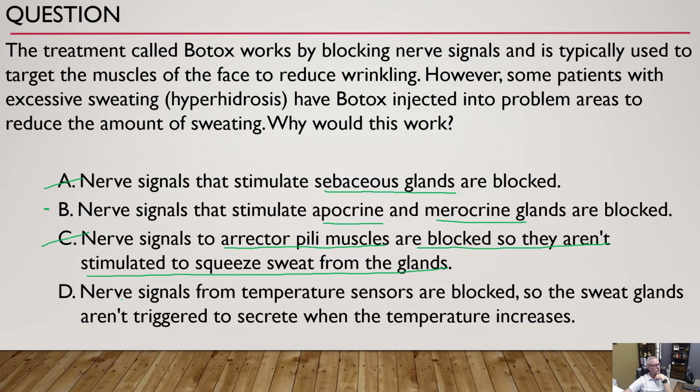Nerve signals from temperature sensors are blocked, so the sweat glands aren't triggered to secrete when the temperature increases. Okay, that makes sense. That sounds like a viable answer, because as your temperature increases, sweat glands would typically secrete sweat.